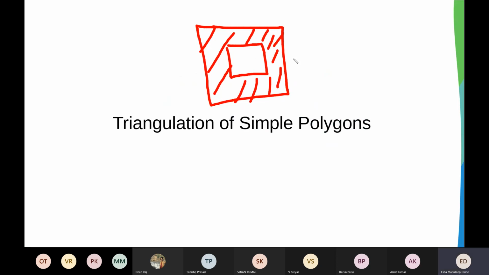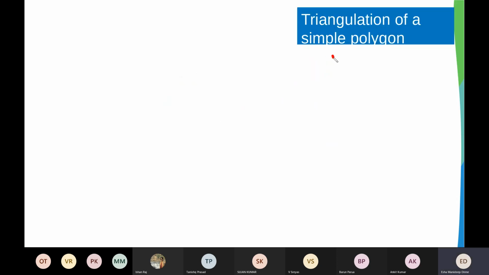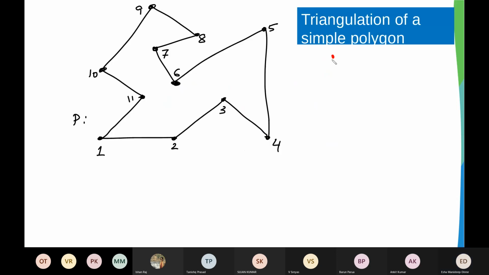You generally don't need to concern yourself with this. I just wanted to tell you that this is an example of a polygon with a hole. We'll be discussing triangulation of simple polygons, which means they don't intersect themselves and they don't have holes.